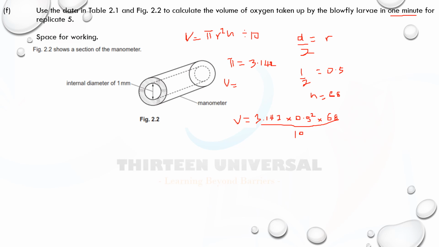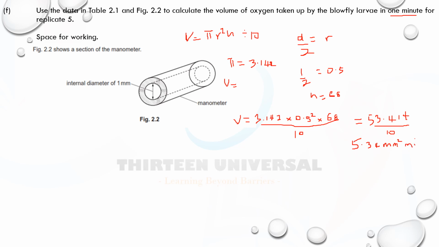That gives you 53.04414. Divided by 10, you just shift the decimal place, and it's approximately 5.34 millimeters cubed per minute.